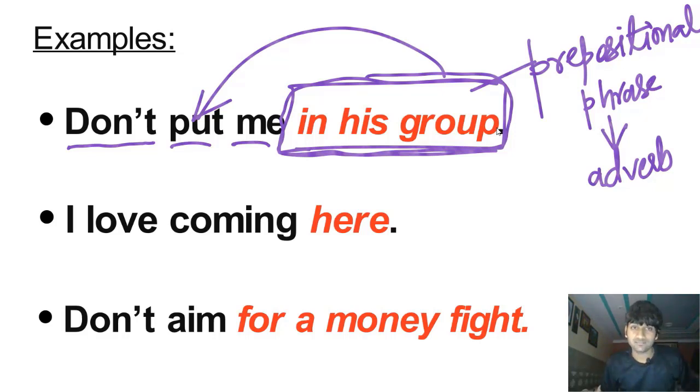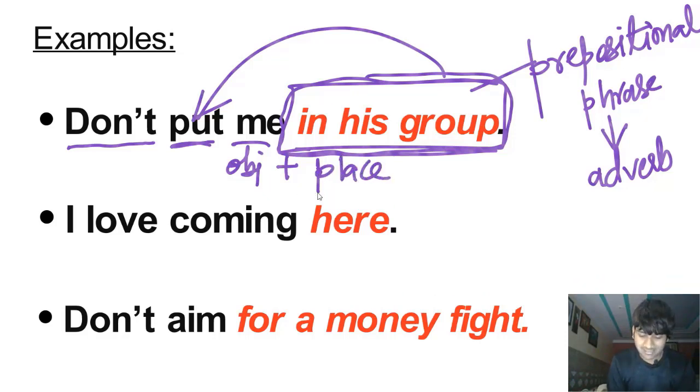Don't put me. Now, the question that should come or will come in your mind is where? You always put something or somebody somewhere. So put is followed by an object, followed by the place where the object is put.